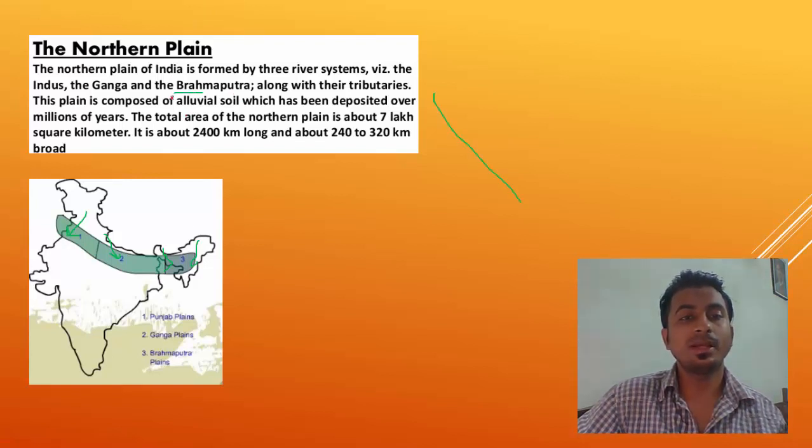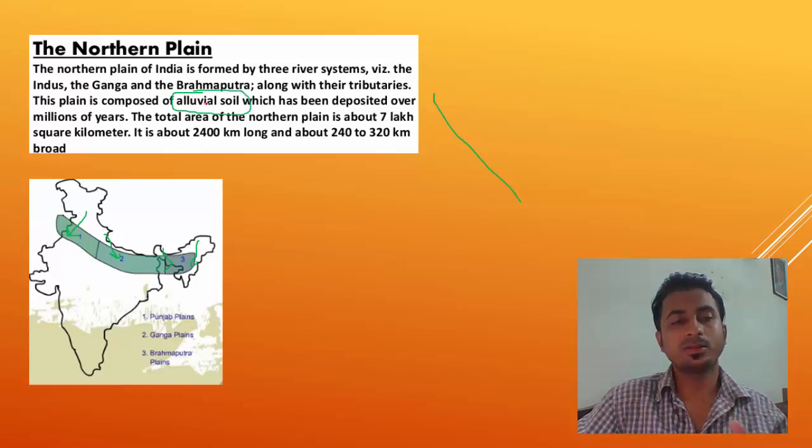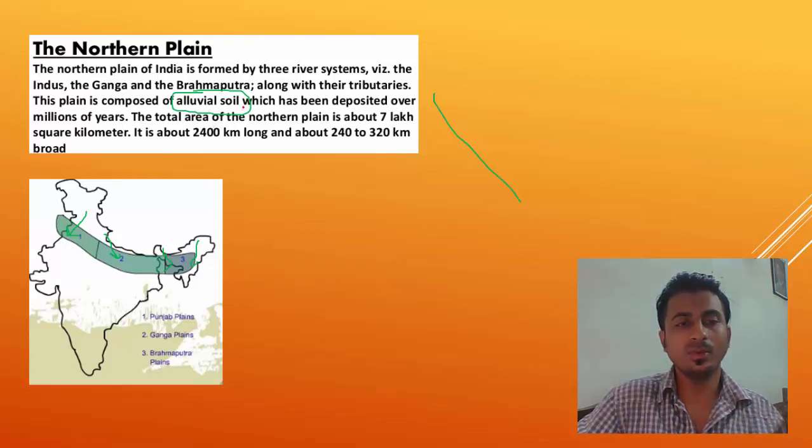Now plains are made from alluvial soil. I told you that rivers from the mountains bring pebbles, stones, and soil, and as they reach the plains, the pebbles are broken down into soil, which makes the alluvial soil, and it makes the most fertile lands of the world. That's why it is very good for agriculture.